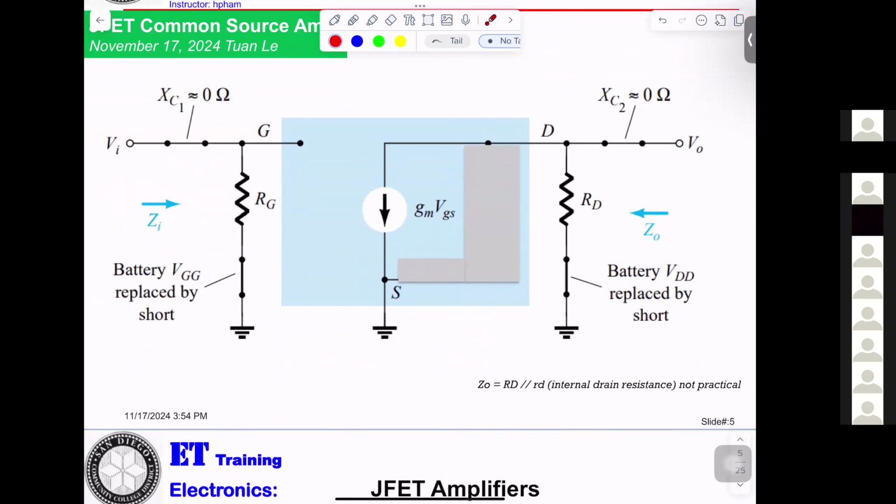So that's why it is shorted. They pass only AC and block DC. Now, this is the input here, and this is the gate. Okay? This is the source, and this is the drain.